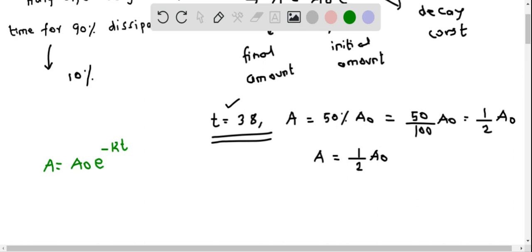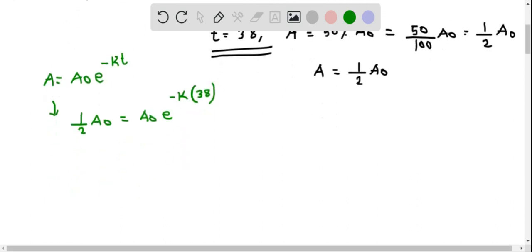In place of A, we replace this with half of A naught, so half of A naught equals A naught e raised to the power of negative k, and we replace t by 38. Now we have to solve for k from this equation. We divide both sides by A naught, and this A naught gets cancelled. So the equation simplifies to half equals e raised to the power of negative 38k.